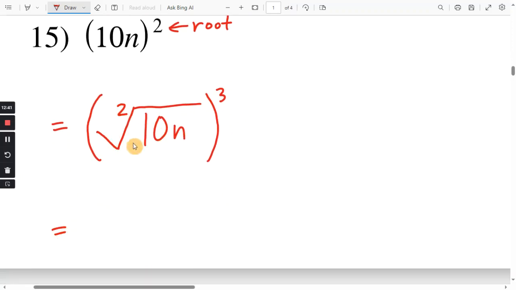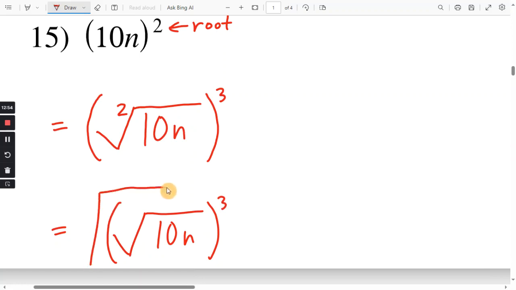It's just radical 10n. And that's to the power of 3. That's it. So little extra step there I just wanted to show you. It seems unnecessary, but I wanted to show you that.